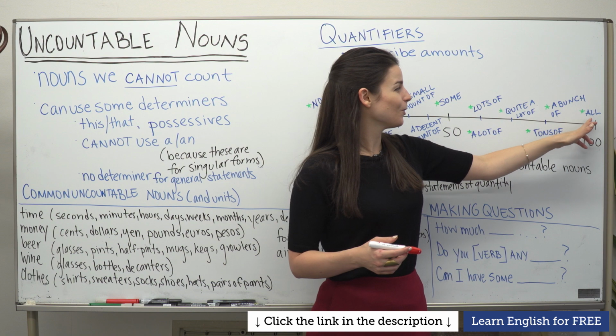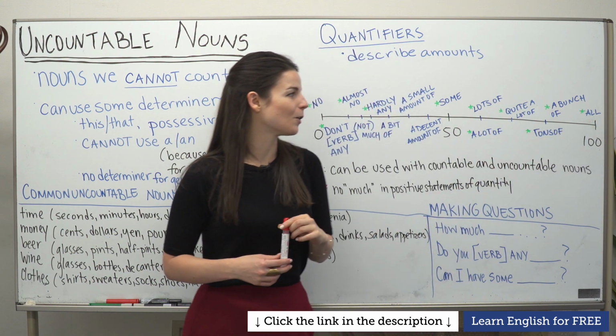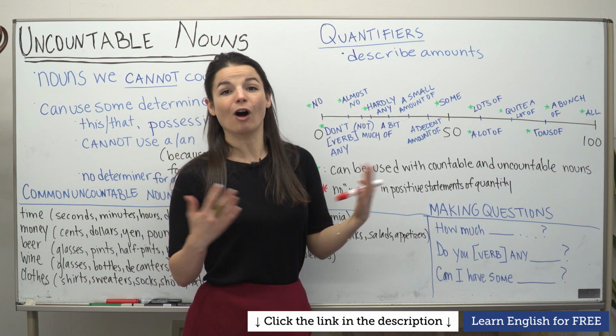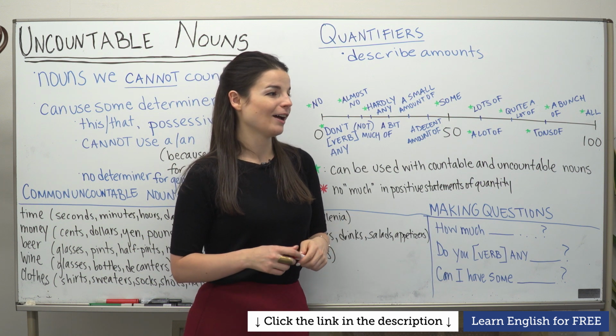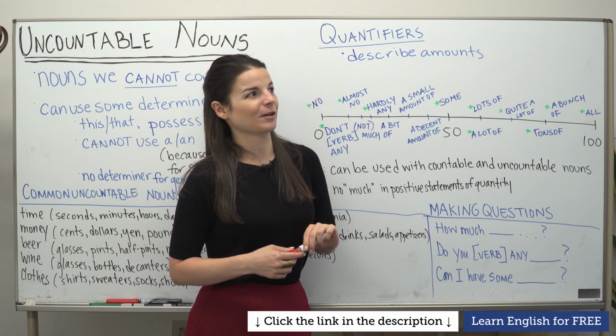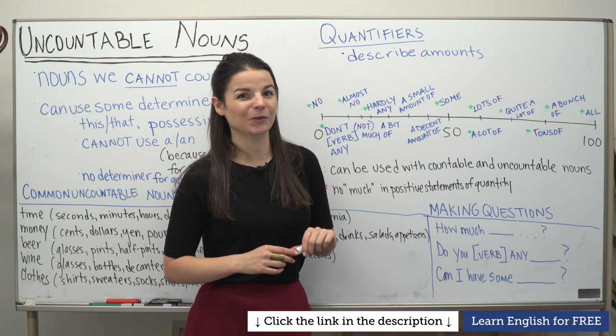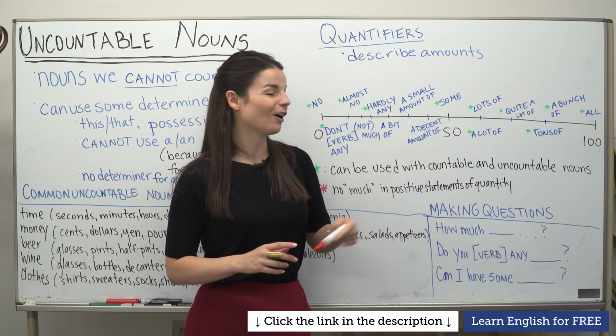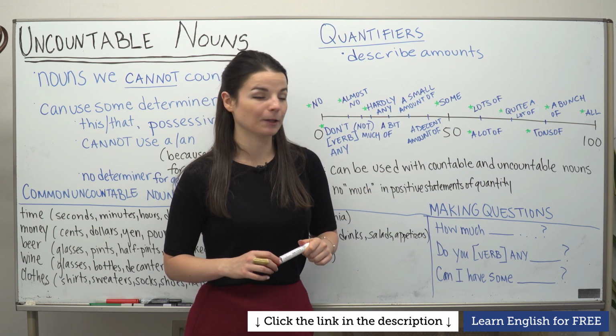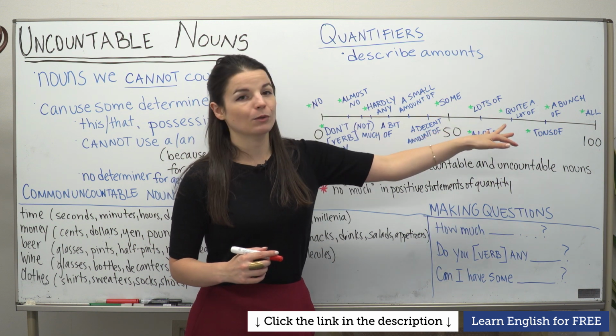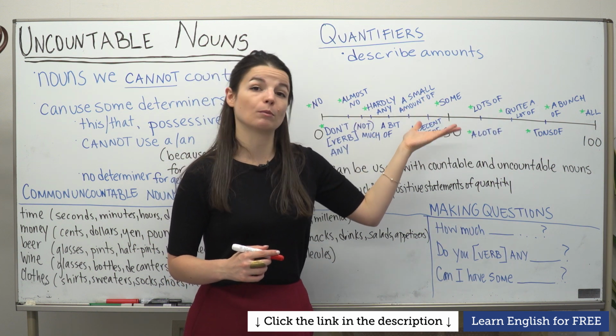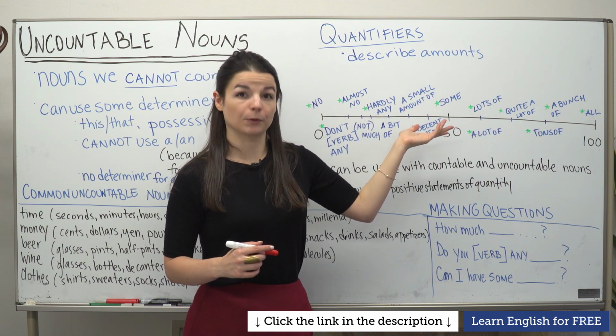And we can also use all. So you could say, who drank all the beer? Or, what's another example? Someone took all my clothes, for example. We can use all with uncountable nouns as well. So again, these are just a few examples of some expressions you might hear with uncountable nouns.